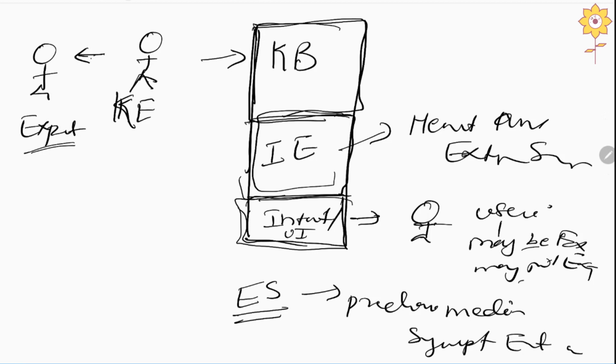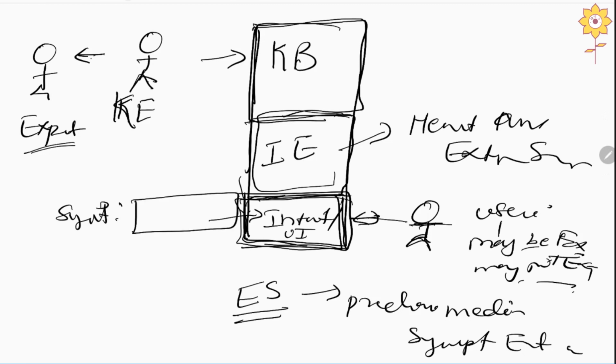Now what happens whenever a user, as I told you, who may be an expert or may not be an expert, enters a query onto the interface? Let's say we have a text box called symptom, and in the symptom field the user enters fever.